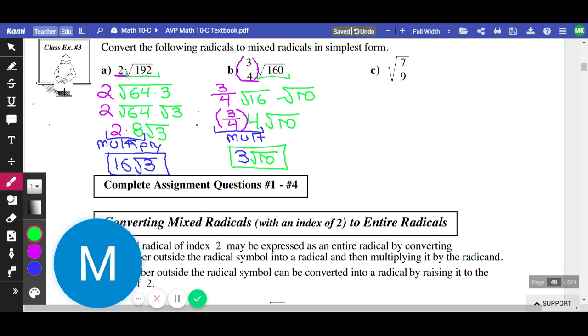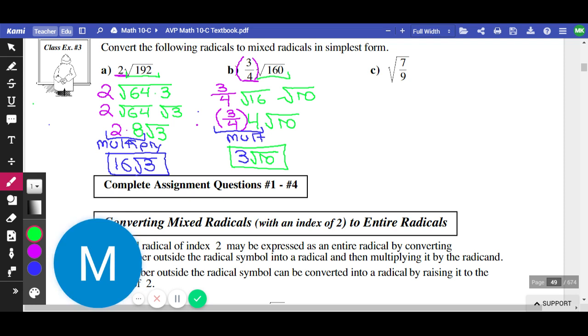I'm going to do C with you. In reality, you're not going to see radicands that are fractions very often, if ever. Next year, that really starts to take off. Okay? This year, not so much. If you do see one like this, you have root 7 divided by 9. We're going to use that trick, when I have two radicands multiplied together, I could split it apart. The rule applies for division too.